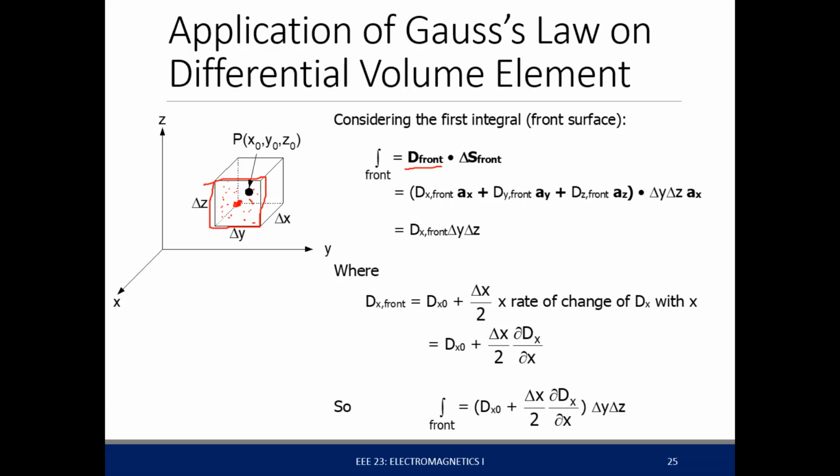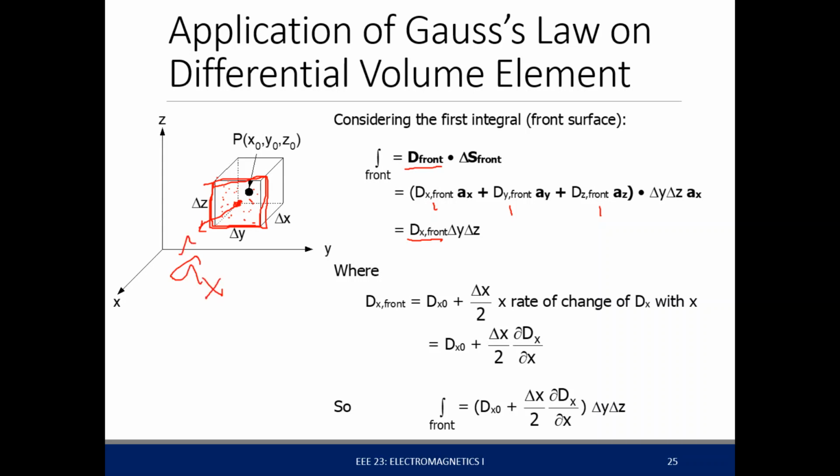So how do we get the flux at the front? If you look at this equation, we let D front have an X component, Y component, and Z component dotted to your differential surface area, which is delta Z times delta Y, and the direction of that differential surface is along positive ax hat.